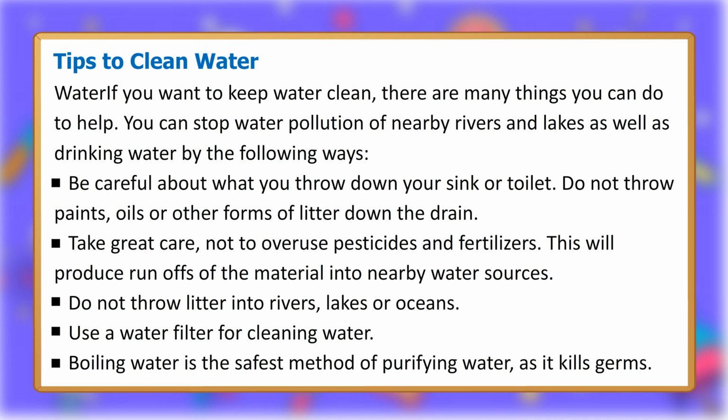Take great care not to overuse pesticides and fertilizers. This will produce runoffs of the material into nearby water sources. Do not throw litter into rivers, lakes or oceans. Use a water filter for cleaning water. Boiling water is the safest method of purifying water, as it kills germs.